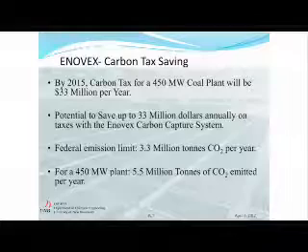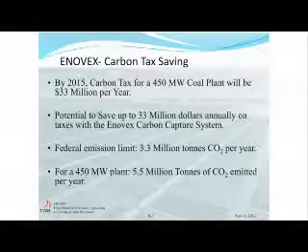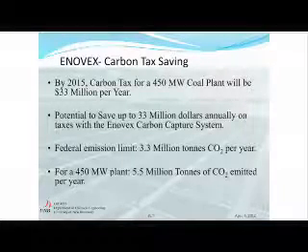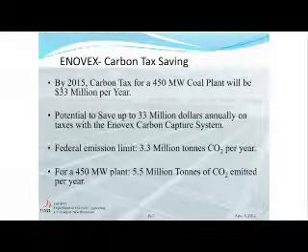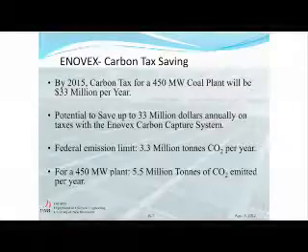Therefore, for a 450 megawatt coal-fired power plant, which on average emits about 5.5 million tons of CO2 each year, the power plant corporation can be expected to pay about $33 million each year. Therefore, by finding a way to reuse the carbon dioxide, the power plant would be able to save up to $33 million annually.